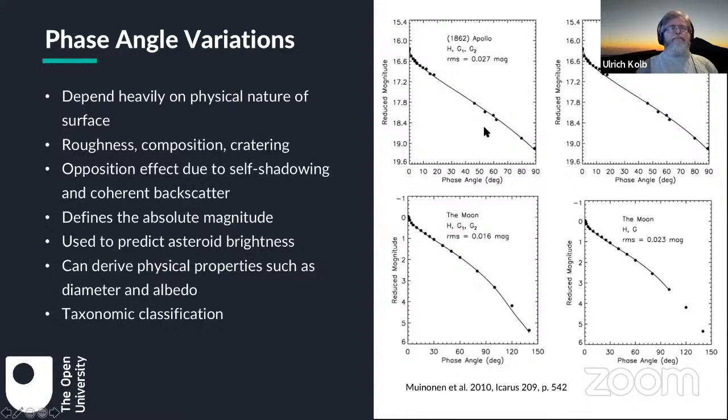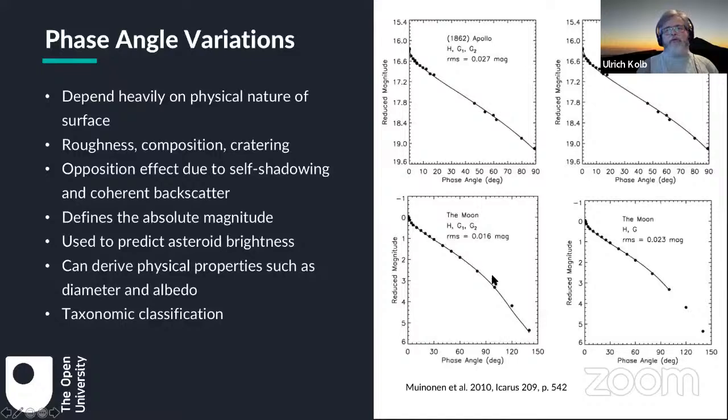So the conventional wisdom here is that the phase curve is determined by the physics of the surface, so the roughness of the surface, the composition of the surface, the cratering of the surface. And so the phase curve tells you something about the conditions on the surface of the asteroid. And these are real examples, the Apollo asteroid, and funny enough, the moon is shown here as well.